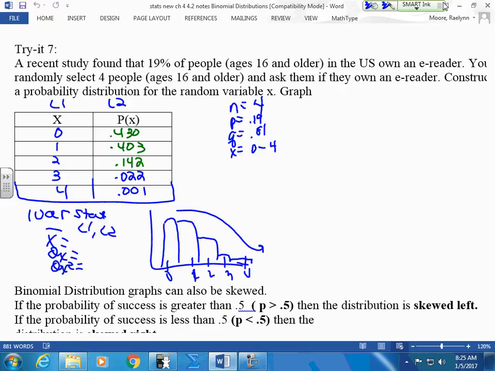So try this. Put this in your calculator and see if we can find the mean, the population standard deviation, and then give me the variance. This is your variance. Go to the statistics part and square it for me. I'm counting on you guys because I don't have this.